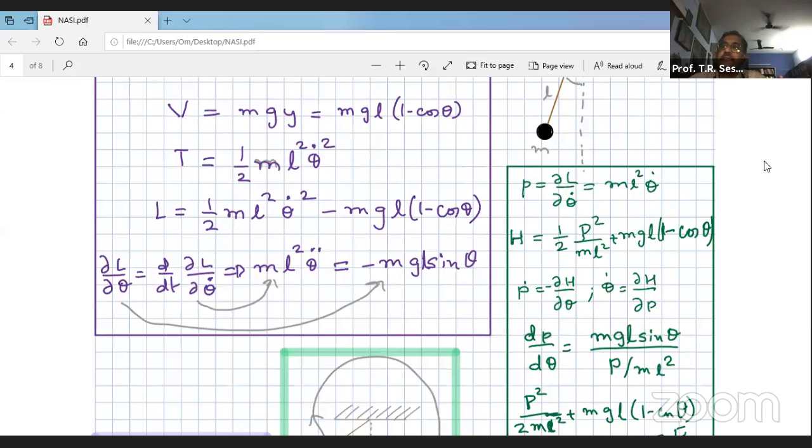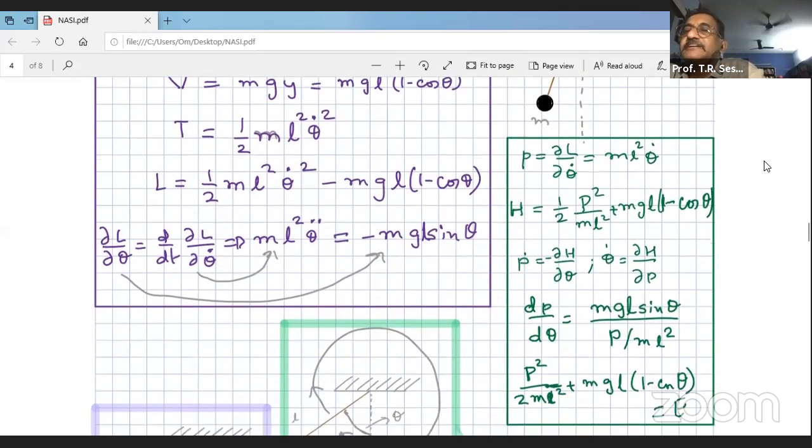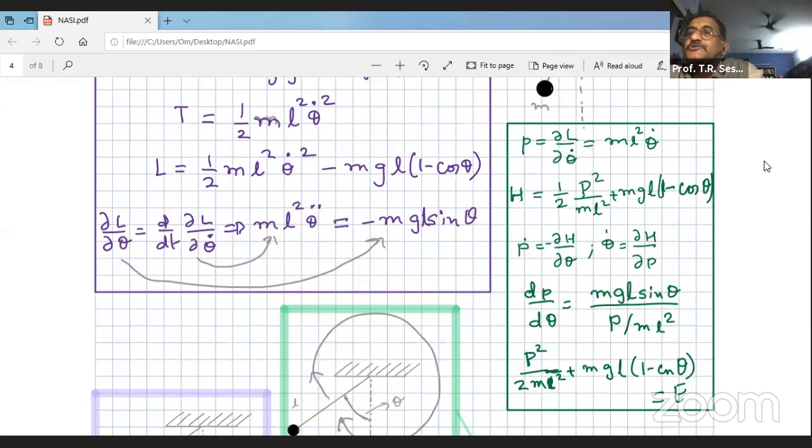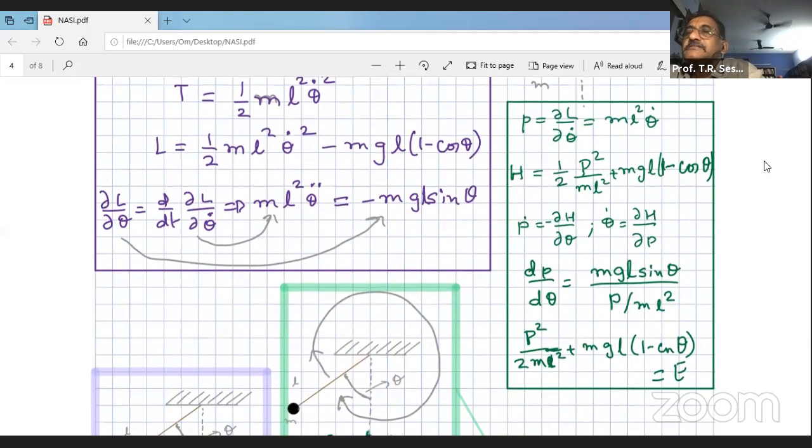Now, if I take this P and substitute it in the Hamiltonian, I immediately get half P square by ml square plus mgl (1 minus cos theta) as the Hamiltonian.